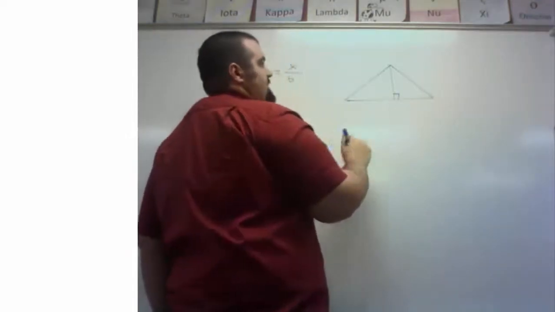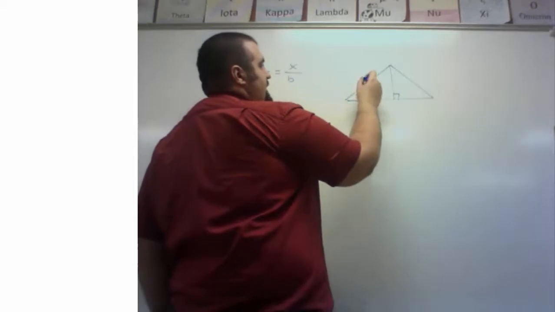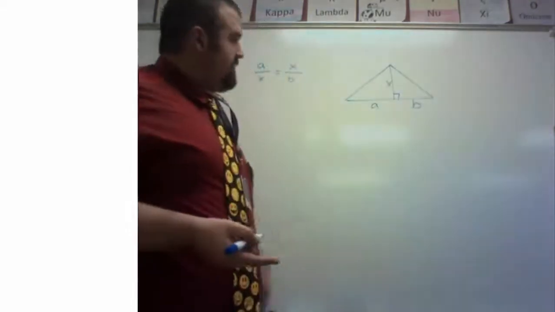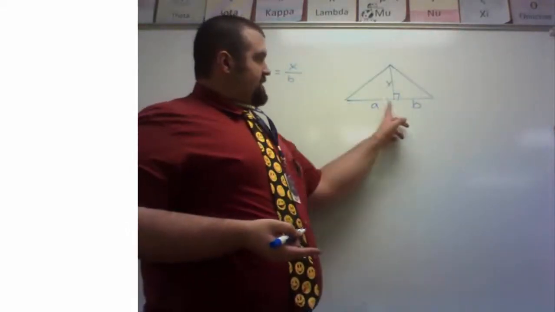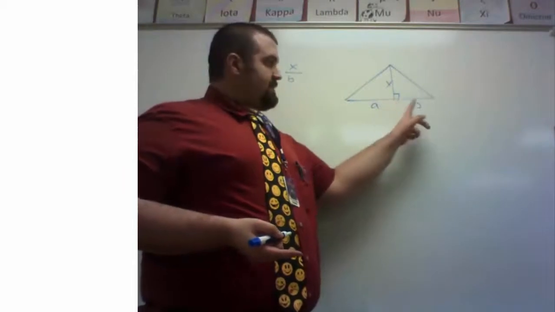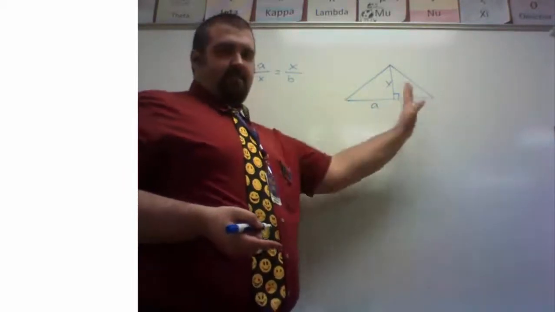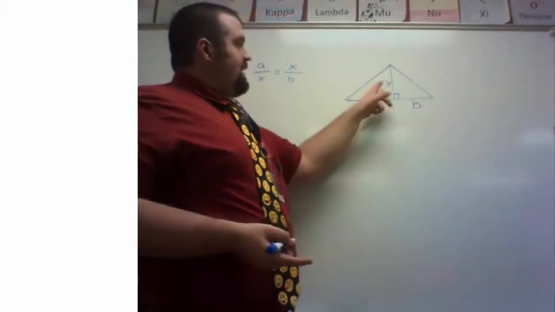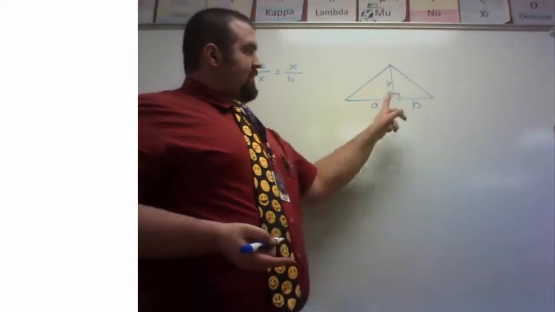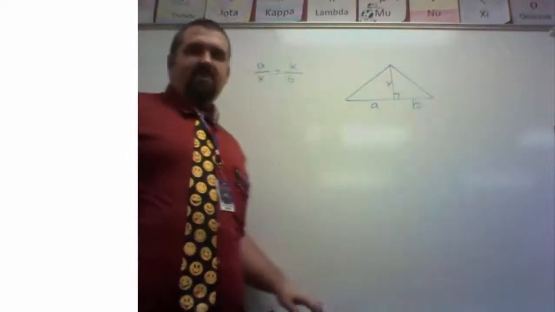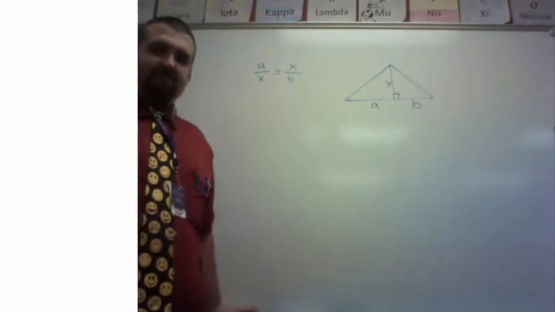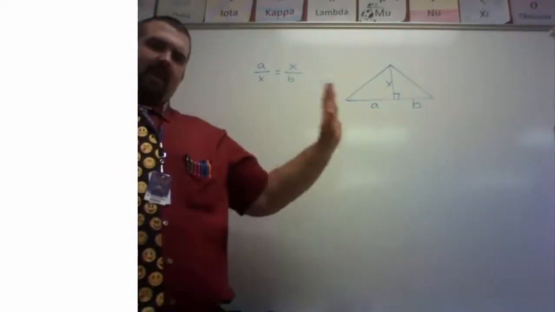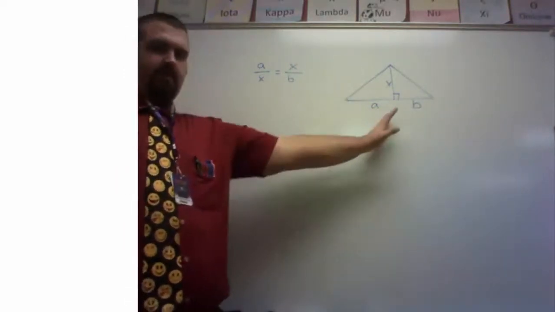In this case, I might be comparing from this vertex to this point here, and from this point to this vertex, that's A and B respectively. And I'm saying A to X is going to be the same as X to B. That ratio is the same. It's a geometric mean. I'm not going into the details about that yet. We'll get there. Don't worry about that part yet.